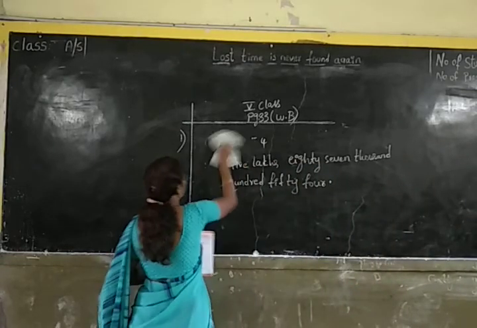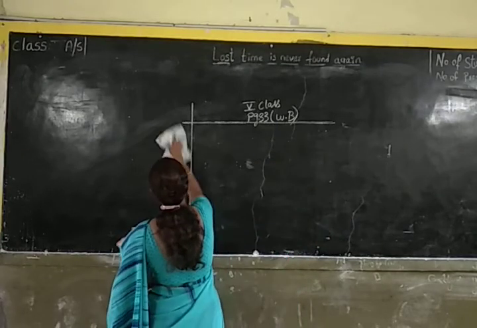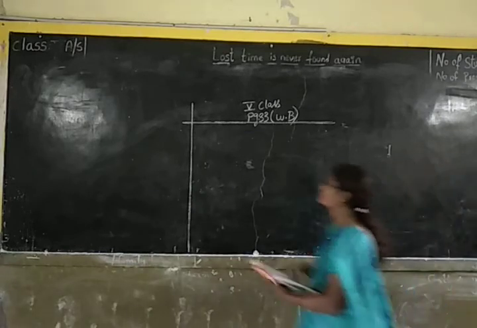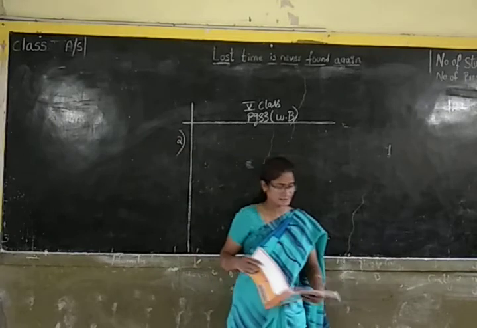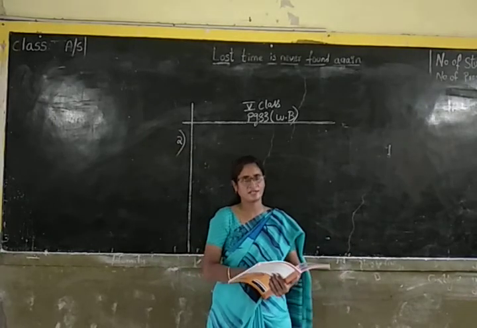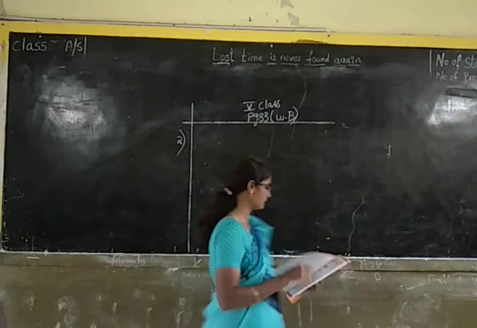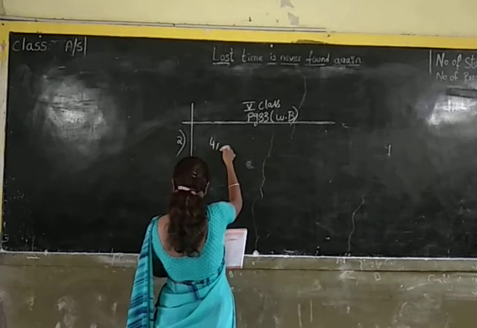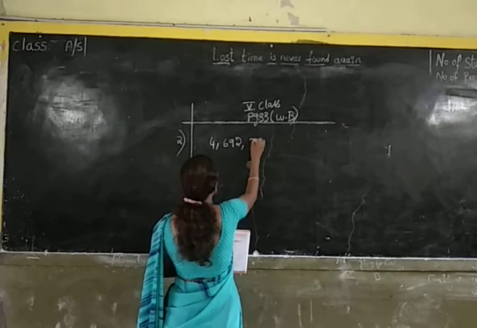Okay children. Now let us move to the second question. So what is the second question? Here a number is given and you have to write the number name for that number in the international place value system.